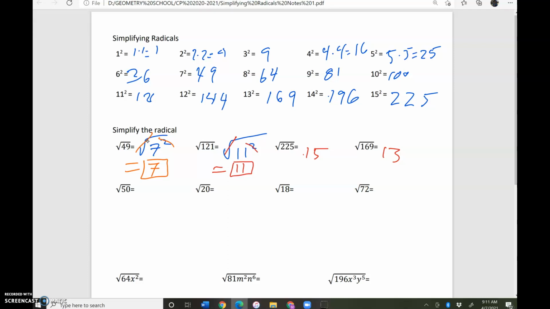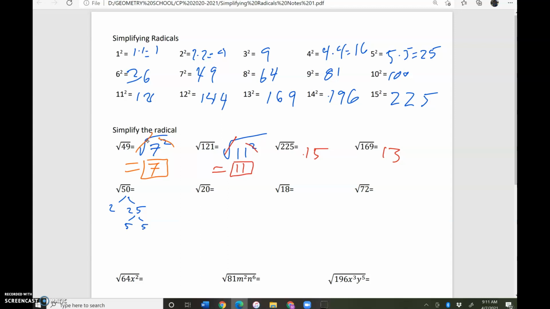So I want you to remember what you did back in junior high. Remember when you did the trees? You said, what are the different ways I can multiply to get to 50? But when you do that, I want you to look for perfect squares. Well, I know 50 is the same thing as 2 times 25. And 25 is the same thing as 5 times 5.